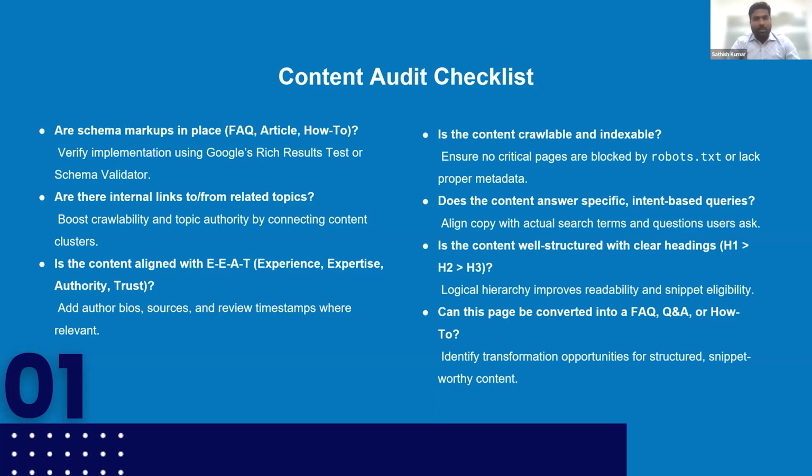Also see whether the internal links and the crawlability are proper on your site. And we also want E-E-A-T, which is experience, expertise, authority, and trust, which is similar to the page authority that you used to have in Google's era. You need to have a better authority for your website.